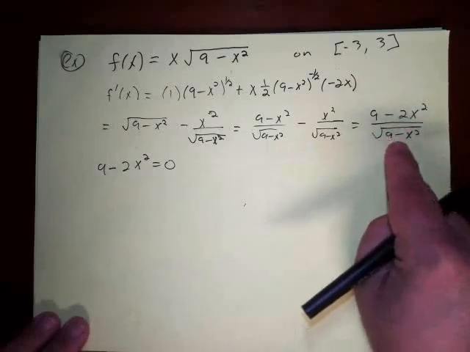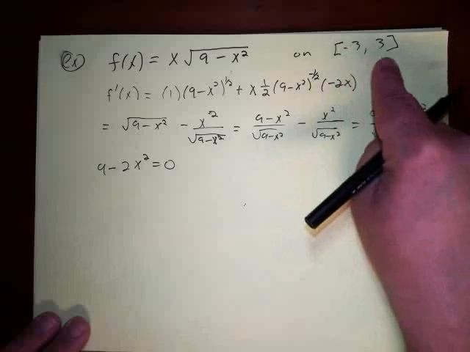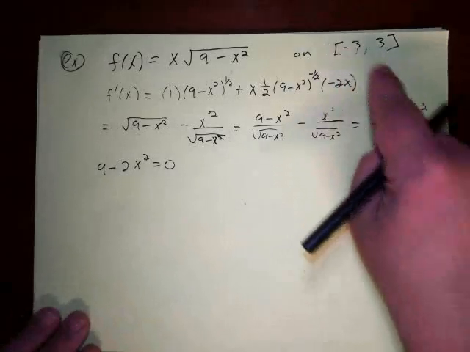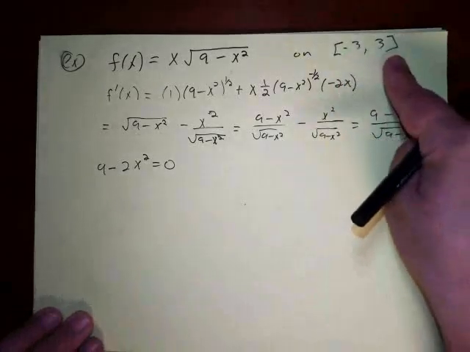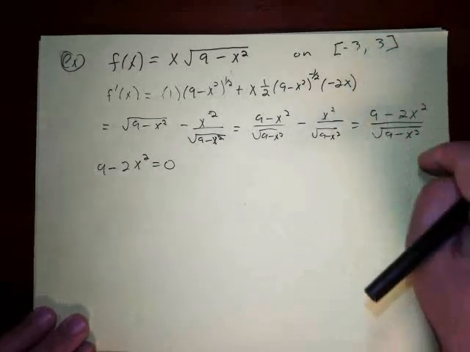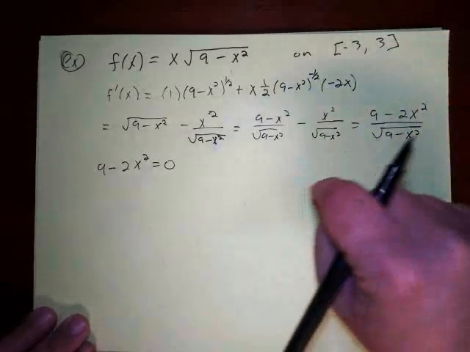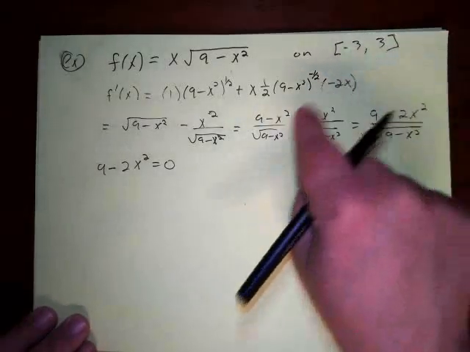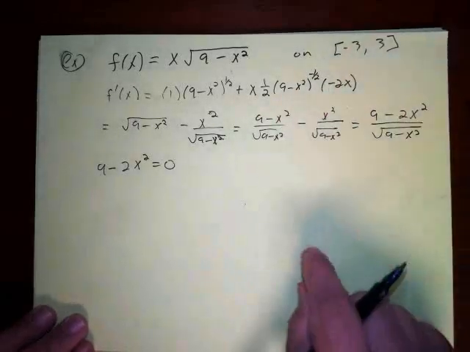Now notice it's undefined at -3 and 3. Those are the endpoints of the interval, so we're going to check the endpoints, but we're not going to consider those as critical points, because they're the endpoints of the interval.